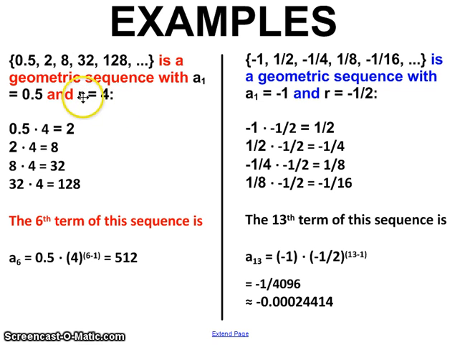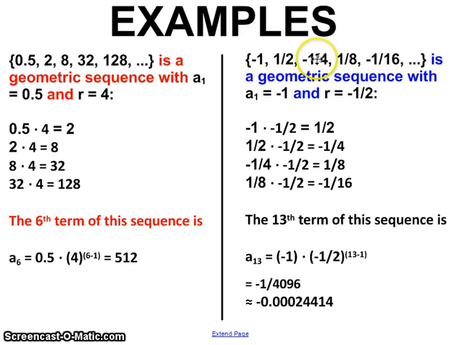So the magnitude of r, the size of r, is what determines that. If we multiply by a number that in magnitude is greater than 1, we get back a number that's bigger. So every time I multiply by a number bigger than 1, I get back an even bigger number. I'm going to continue to grow in this sequence and have numbers getting bigger and bigger without bound. That's what we call a diverging sequence.